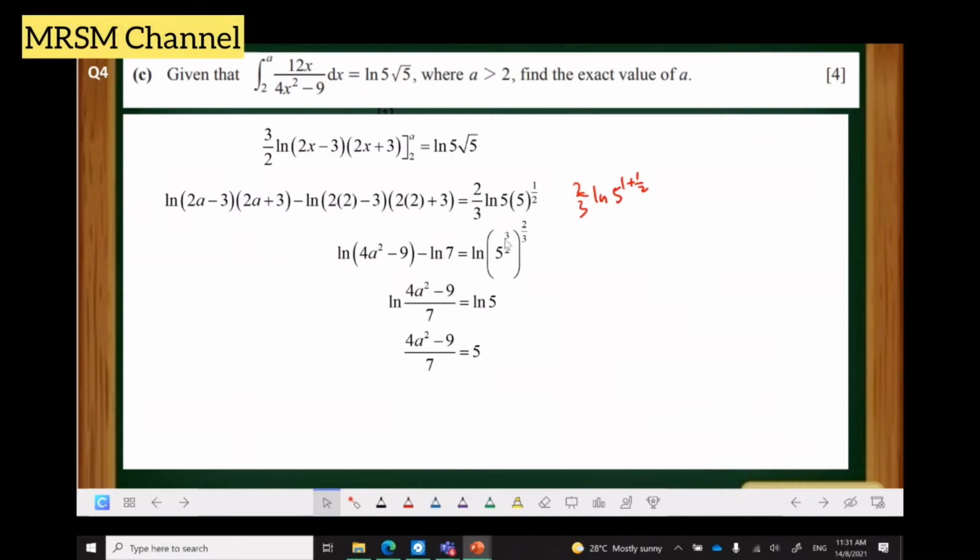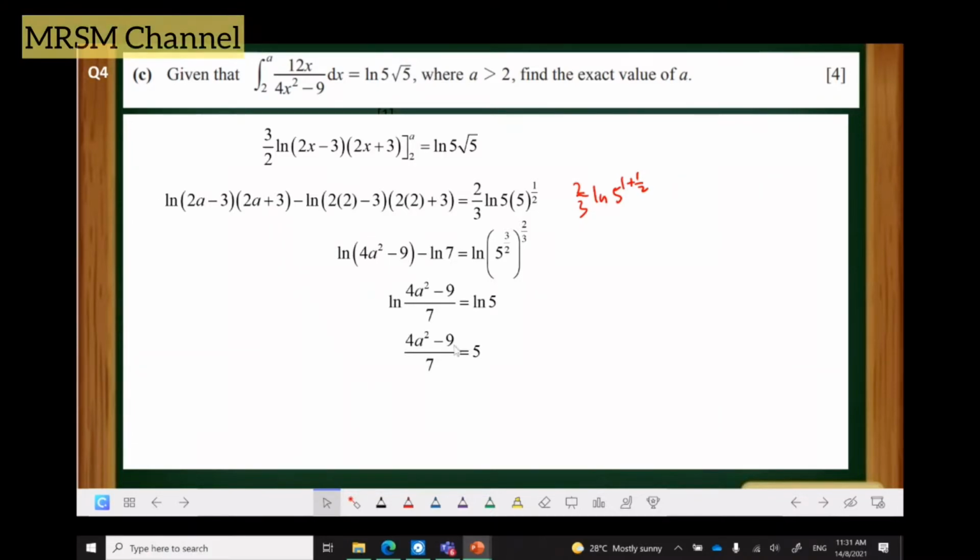Like this one kan, sampai step ni sebelah kiri ada 2 ln lagi ni. Sebelah kanan baru ada satu ln, so kita cannot compare. We can compare if we have ln sebelah kiri equal to ln sebelah kanan. So therefore (4a squared minus 9) over 7 is equal to 5.